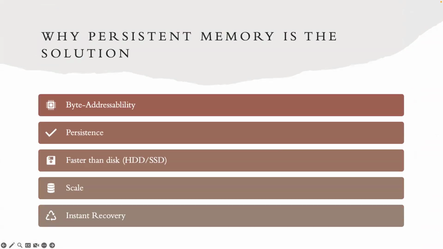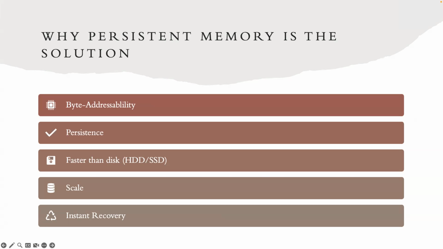Why we think persistent memory is the solution. Persistent memory is byte addressable, so we can actually address individual bytes of the memory with our C++ code. Then it's persistent, which means that if a power loss happens, the data won't be flushed.